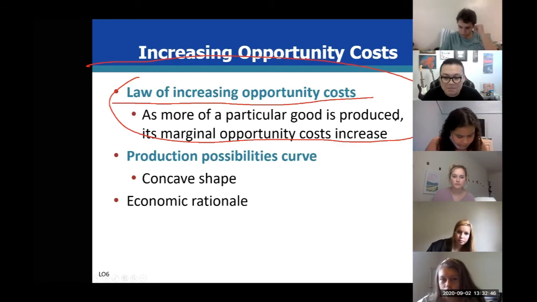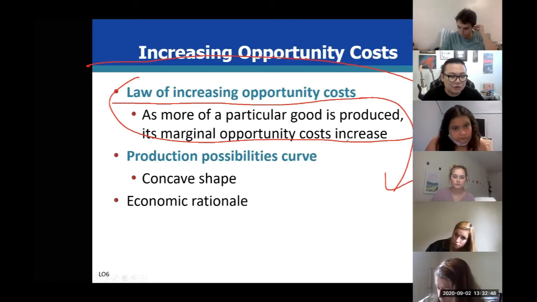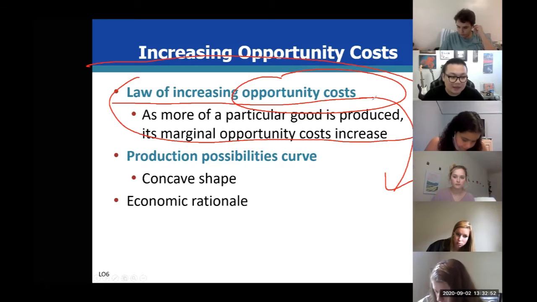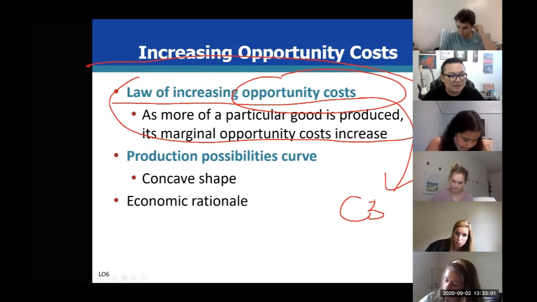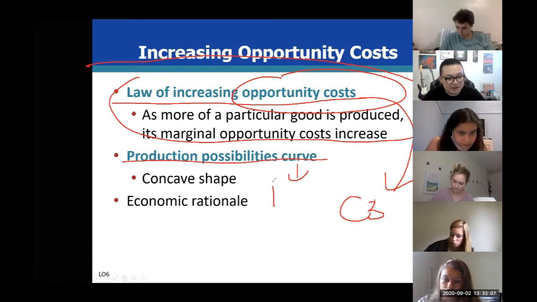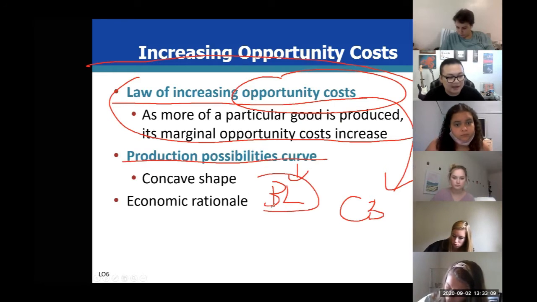We're going to spend major time on how to calculate the opportunity cost then, and explain why the law of increasing opportunity cost holds. So you're going to see this in chapter 3 mainly. You don't need to worry about this right now. That's why I didn't highlight it. And the production possibility curve, as I mentioned, is exactly the same thing as the budget line.